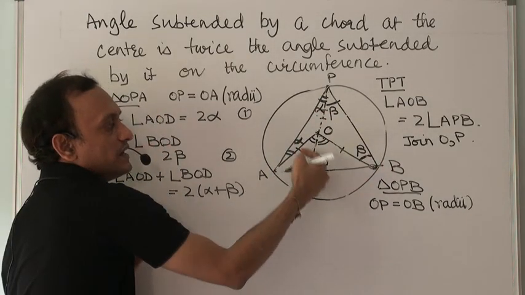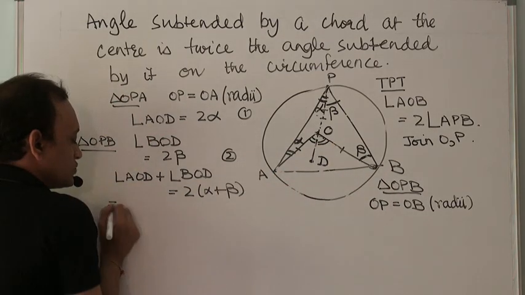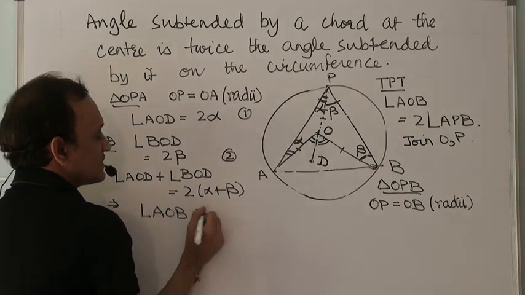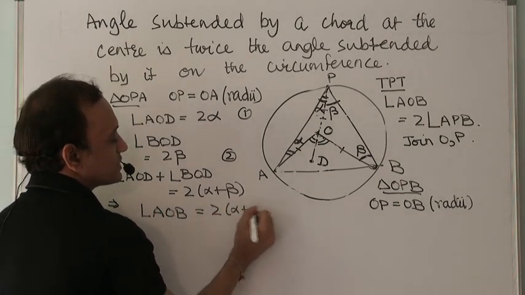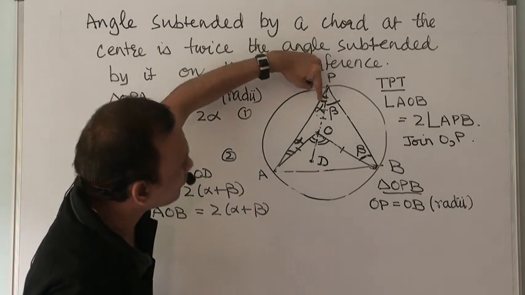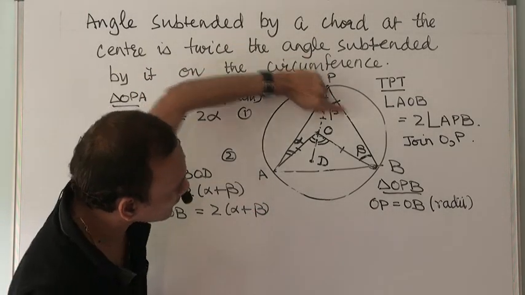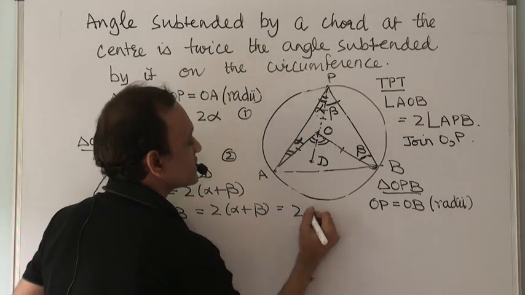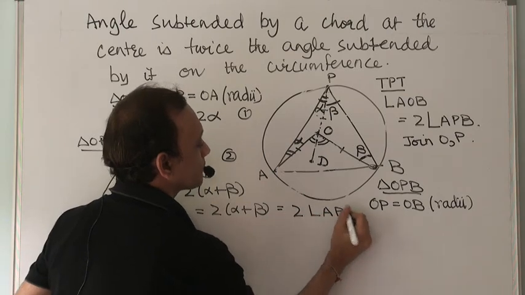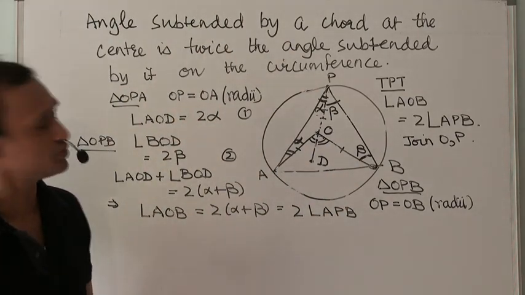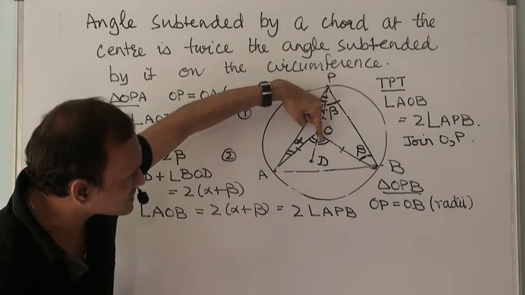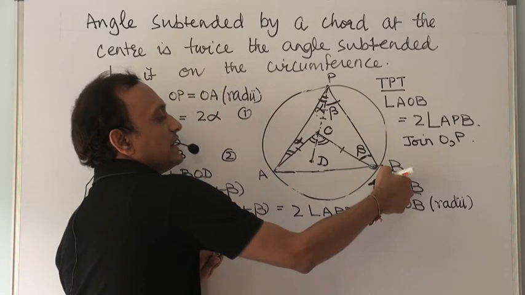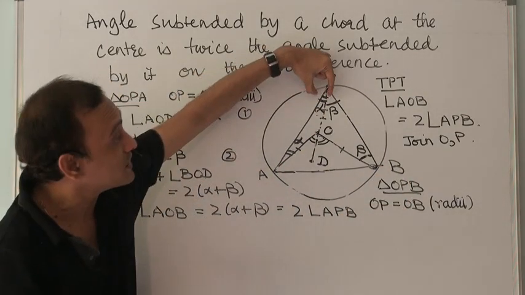So angle AOB is twice alpha plus beta. Hey, what's alpha plus beta? Alpha plus beta is angle APB. So this is twice angle APB. Good. That's what we set out to prove. Angle AOB, the angle subtended by AB at the center of the circle, must be twice angle APB, which is the angle subtended on the circumference.